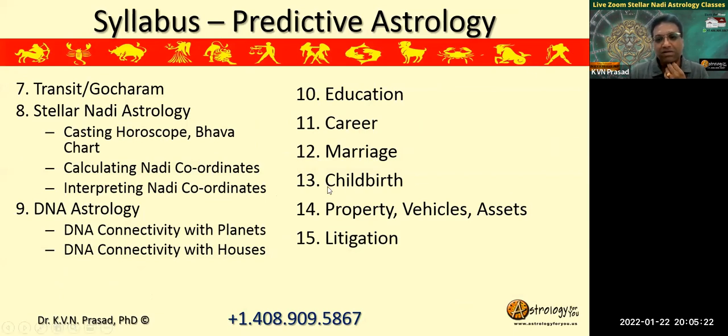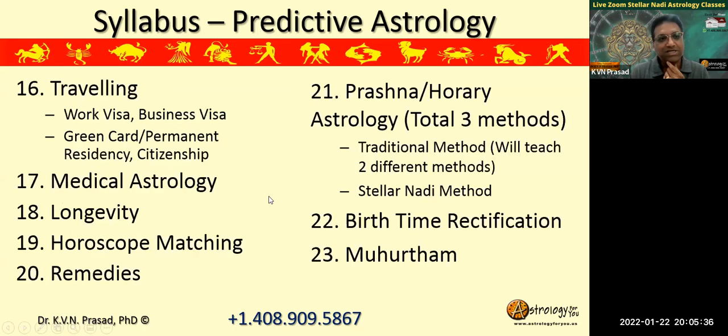So childbirth. After childbirth, we will switch to litigation and property. Then DNA I will cover in the last, so then it will be easy. Litigation, then traveling: work visa, business visa, green card, permanent residency, citizenship. Medical astrology, then longevity, then horoscope matching.